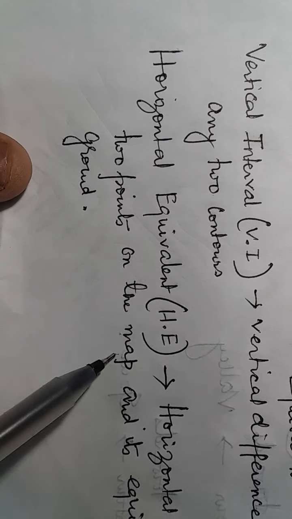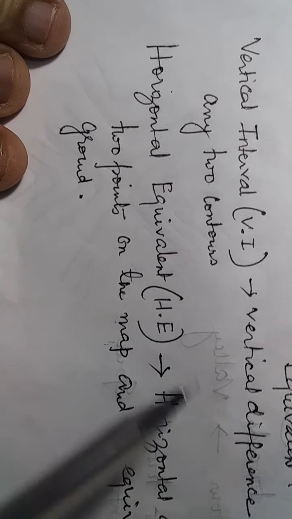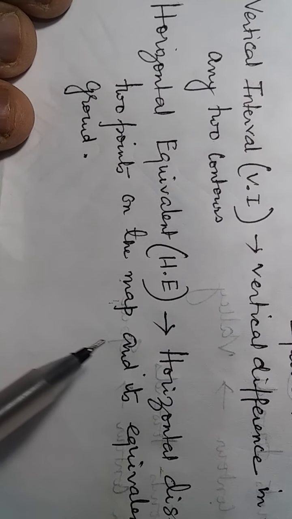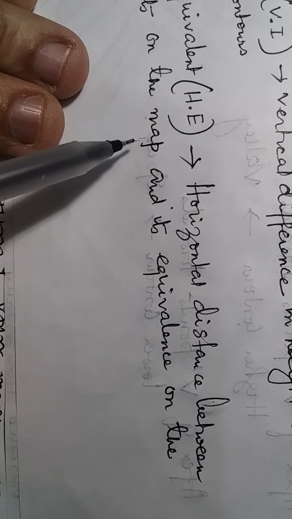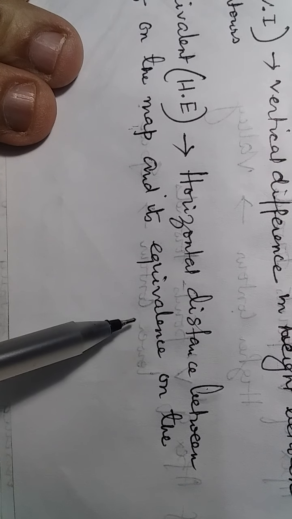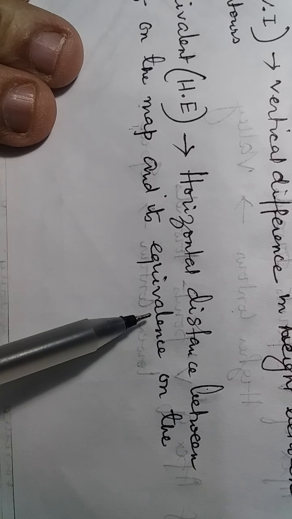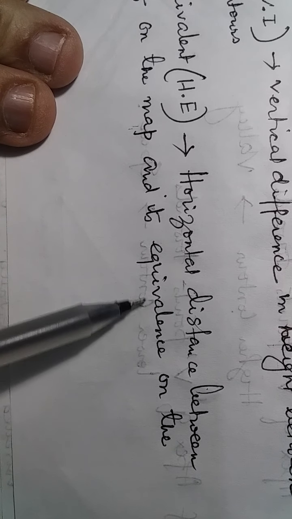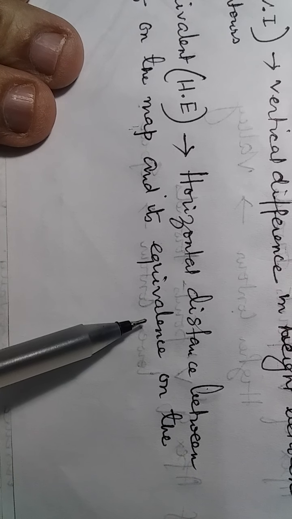Once we calculate the distance on the map, we convert it to ground distance using the scale. That is why it is written here, horizontal distance between 2 points on the map and its equivalence, that means when we convert it into ground distance. And we do so by considering the scale of the topo sheet.